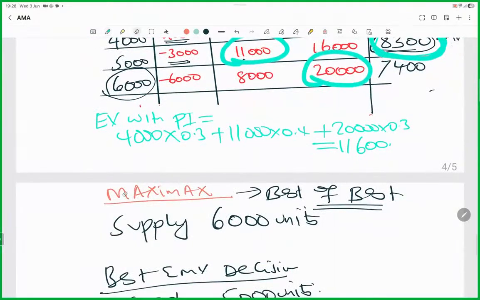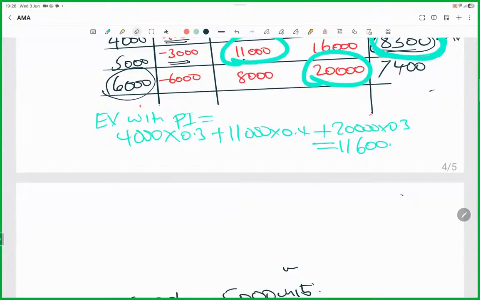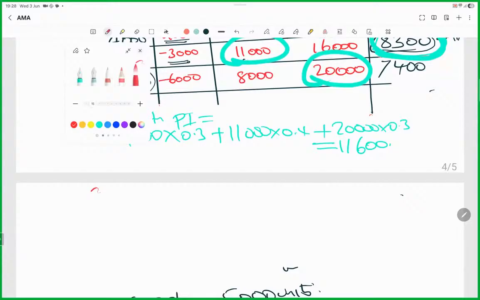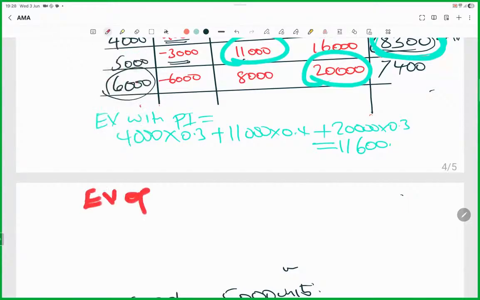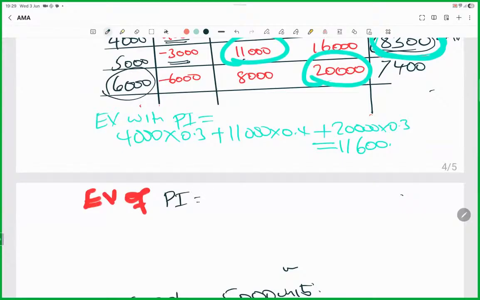So therefore, my EV of PI will be equal to EV with PI minus what here, somebody? Best EMV. So EV with PI is 11,600.